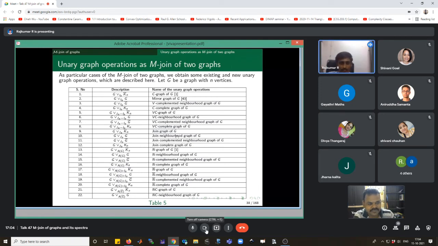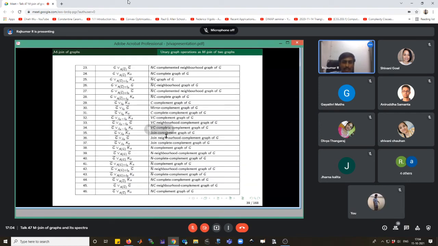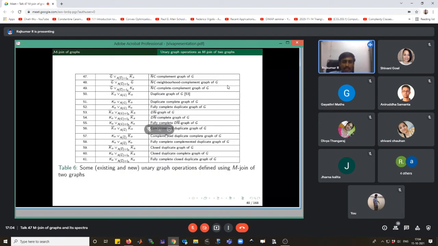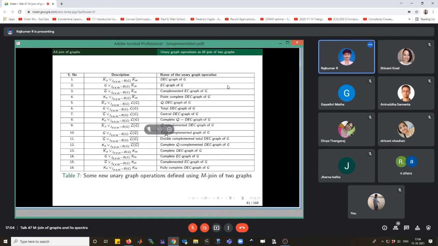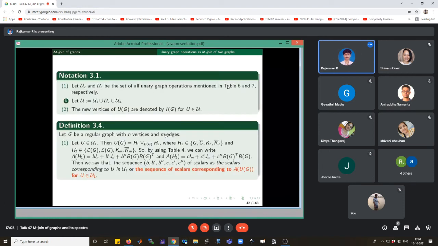Okay, I will just briefly explain the content of this join of graphs chapter. So these are several variants of join of graphs. Then what we did is we take the set of all unary graph operations mentioned in tables 6 and 7 as U2 and U3.